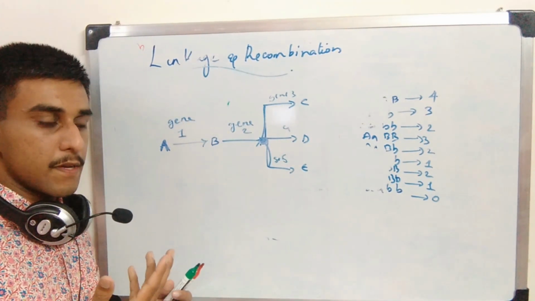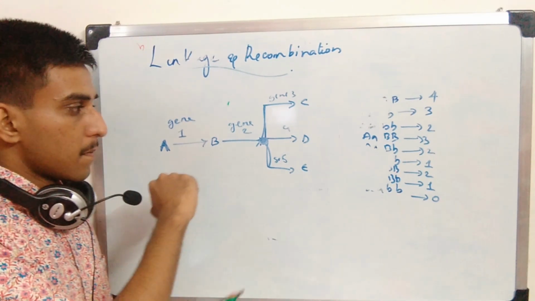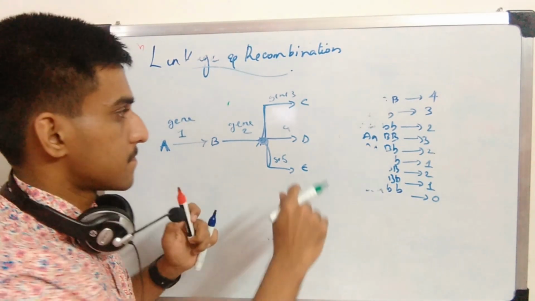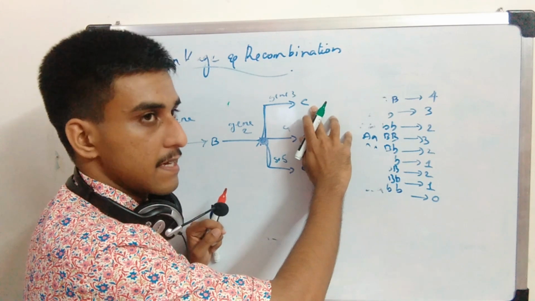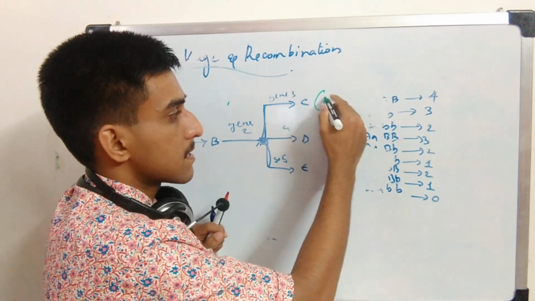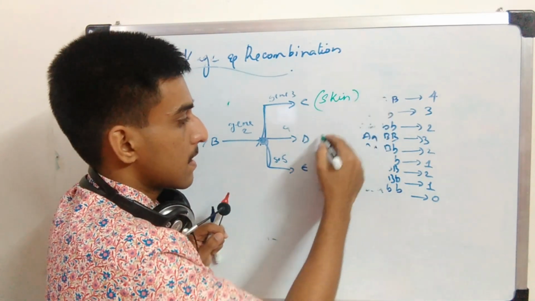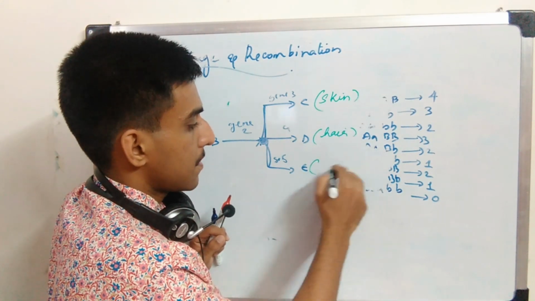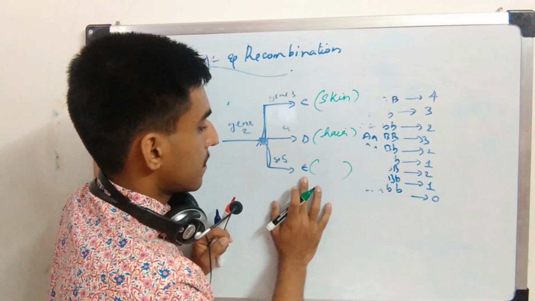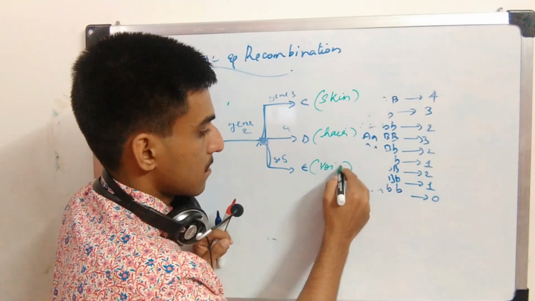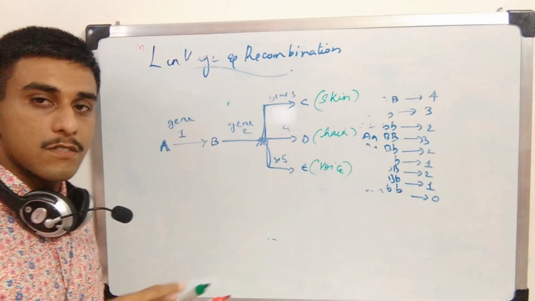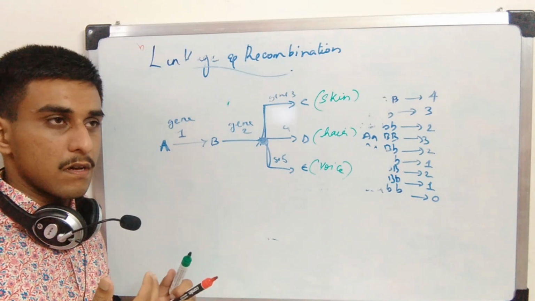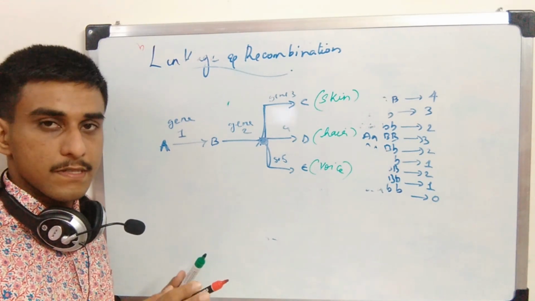So what is pleiotropy? If the product C is expressed, then consider that it will be contributing to skin color, D hair color or hair formation, and E like voice change or sound production or any other phenotypic effect.